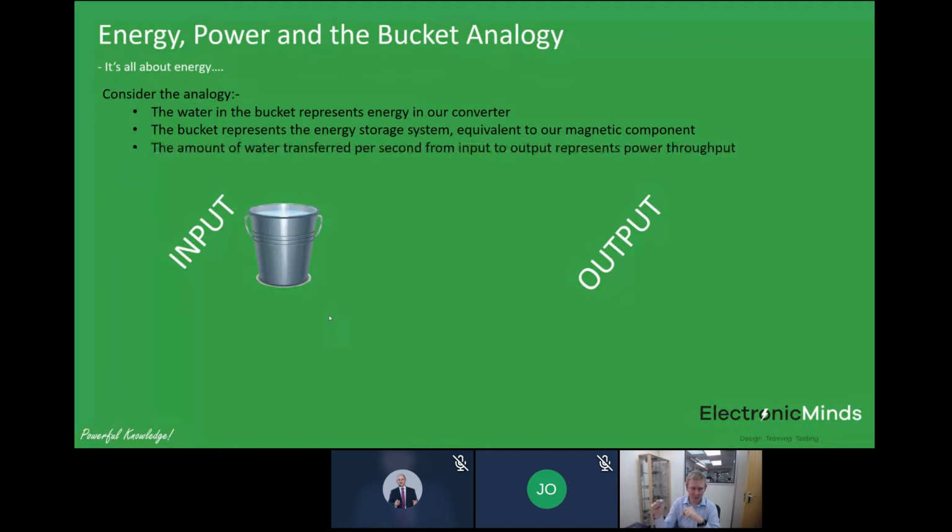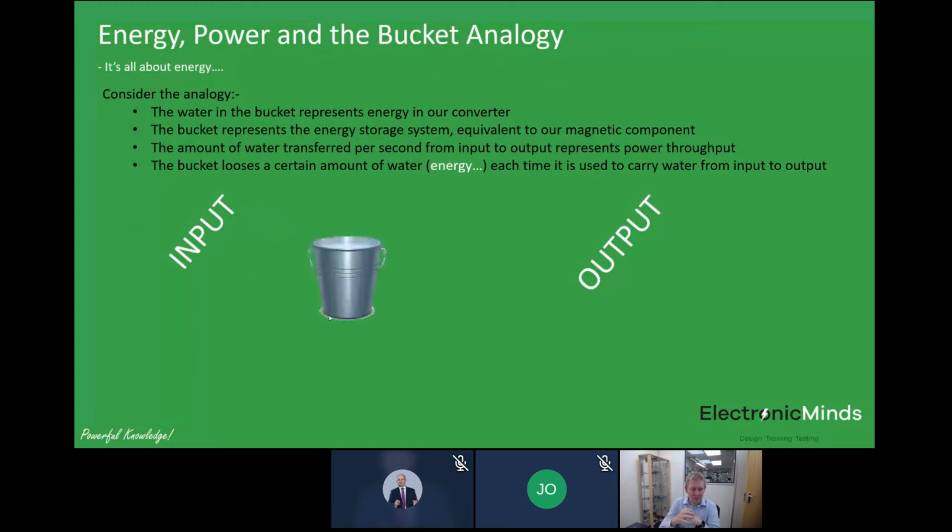The amount of water we transfer per second from the input side to the output side of this converter represents power throughput. Now, each time the bucket manages that transition of water from the input to the output, or in our power converter, energy from the input to the output, some of the water or energy is lost, and that represents the inefficiency in a power converter.